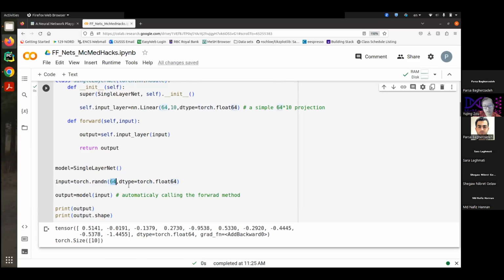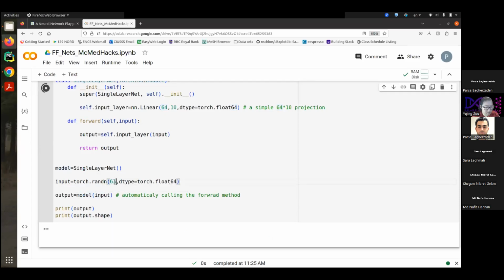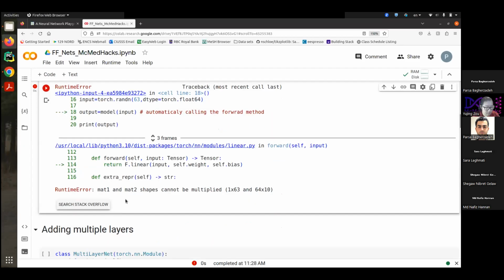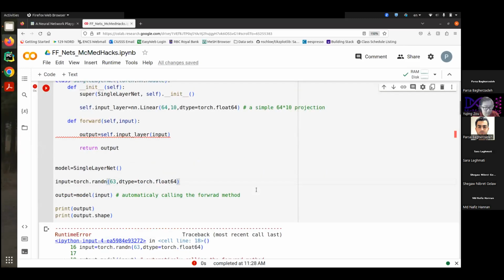The network expects this input to be in 64 dimensions. If I provide an input of size 63, then it would raise an error, because you have provided an input of size 63 and you're expecting me to map it from 64. So these are totally arbitrary.